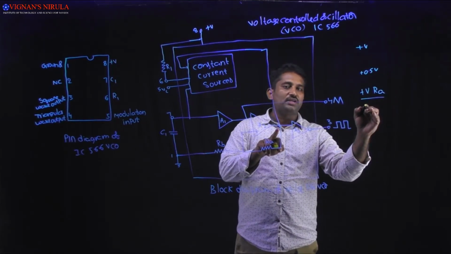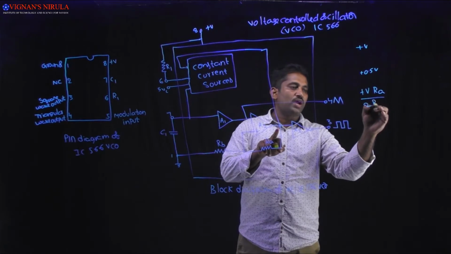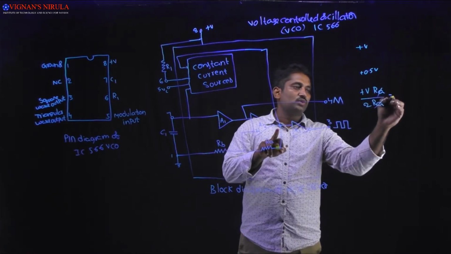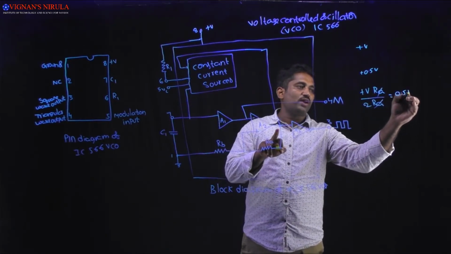Here I am treating RA equal to RB, so it becomes 2 RA.